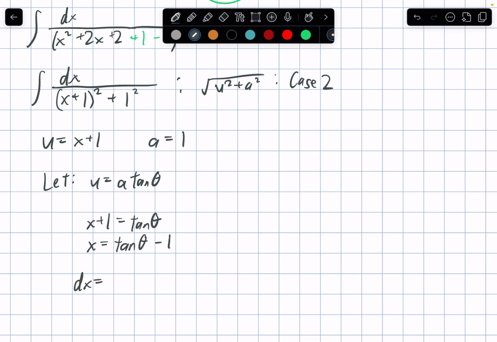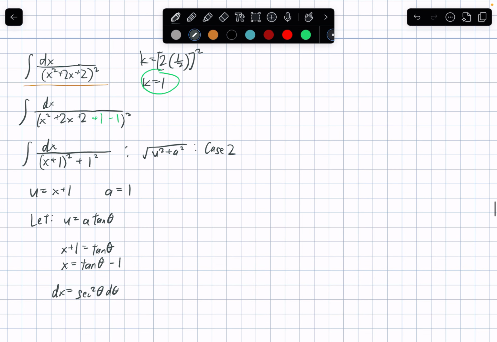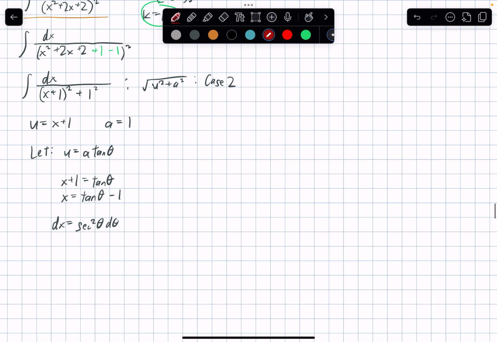And then dx, you find the derivative of this. That's easy. Derivative of tangent theta is secant squared theta d theta. This one is a constant, so just 0, so you don't write it anymore. Now that you have all these details, you draw a triangle.